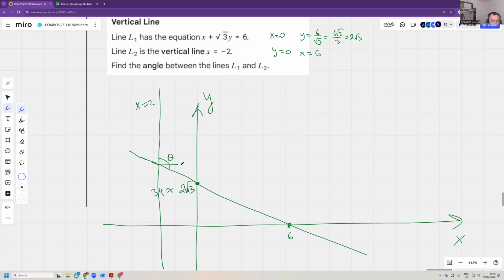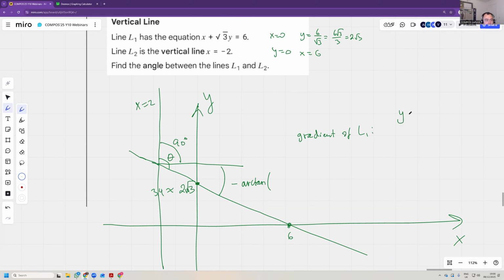And of course, if you draw this angle, you know that this is 90 degrees. And this angle, we already know, is minus arctan of the gradient. And the gradient of line L1 is, so what's that?